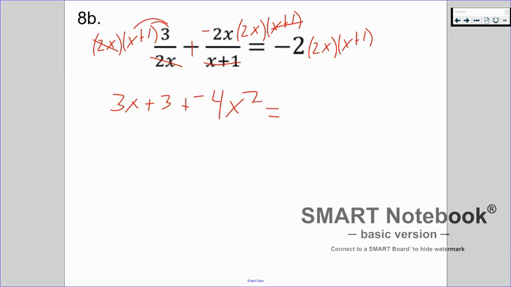And over there, I'm going to get negative 2 times 2x times (x plus 1). I only multiply two things together at a time, so I'm going to put those two together, and I get negative 4x times (x plus 1), and then I'll work on simplifying after that.